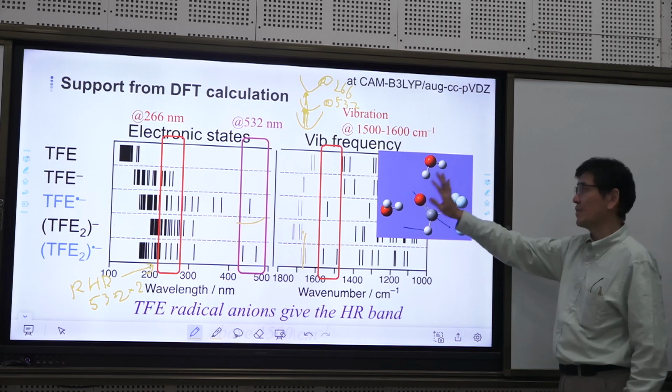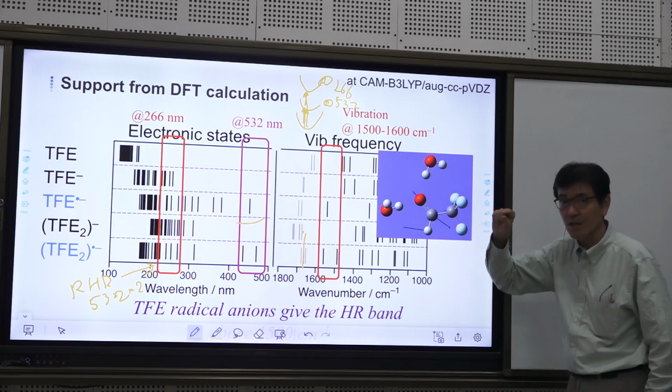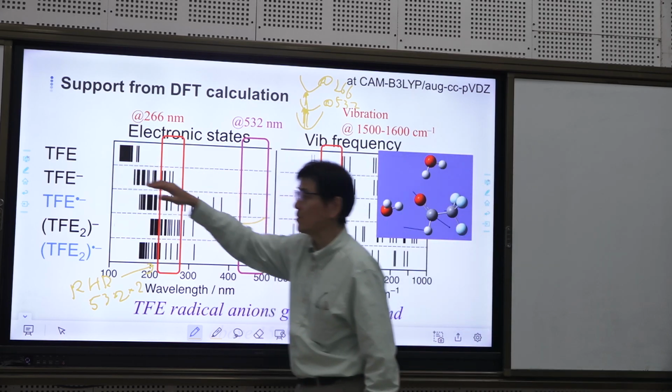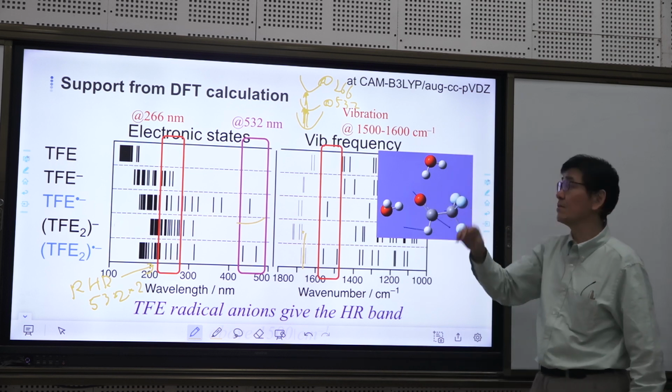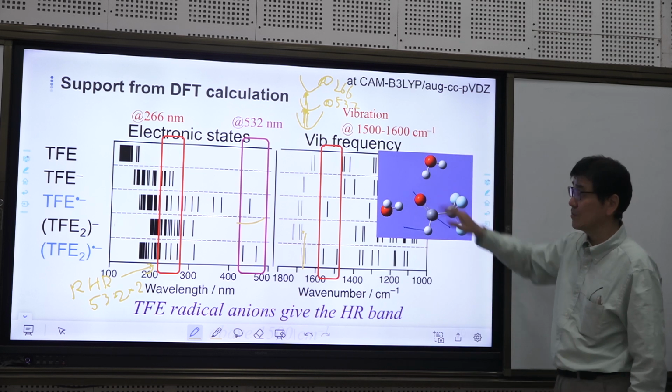In the IR and Raman spectrum, their signal is too small to detect. Other species, neutral or anionic species, give larger signal, so their signal is hidden or undetectable.